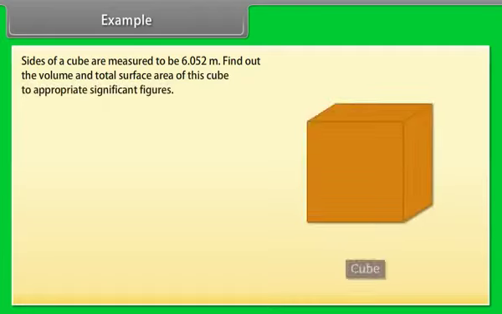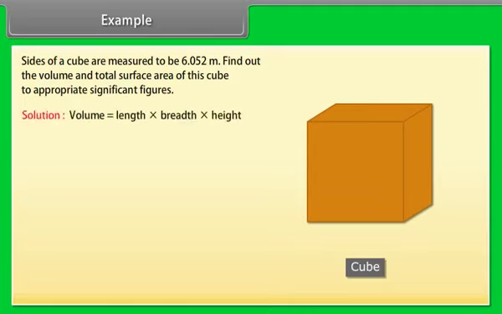Example. Let us take an example of significant figures. Sides of a cube are measured to be 6.052 meter. Find out the volume and total surface area of this cube to appropriate significant figures. Let us see the solution. Volume is equal to length times breadth times height.